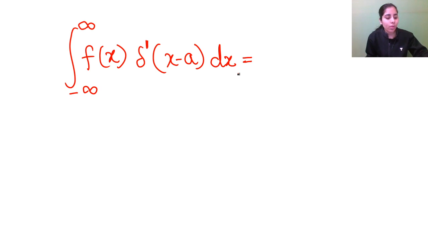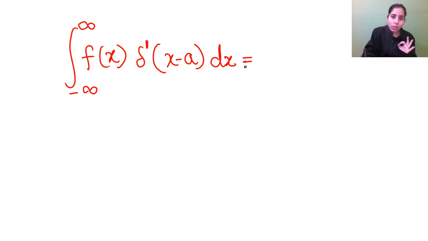Clear? Now let me know if you know the property corresponding to this expression. Do you have any idea about it? If yes, just mention it in the comments. Clear? So guys, let me just tell you about that.